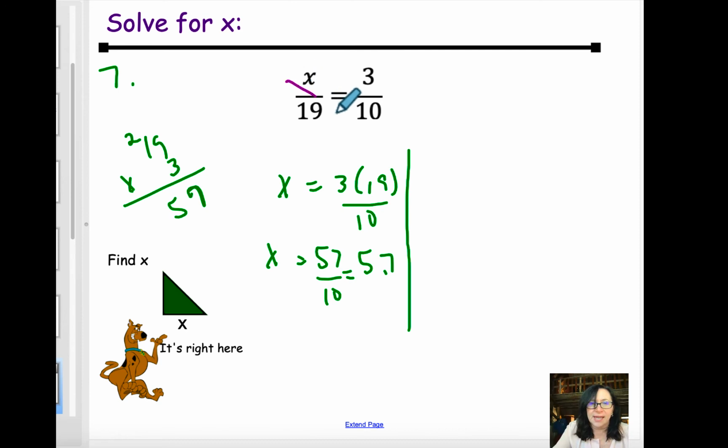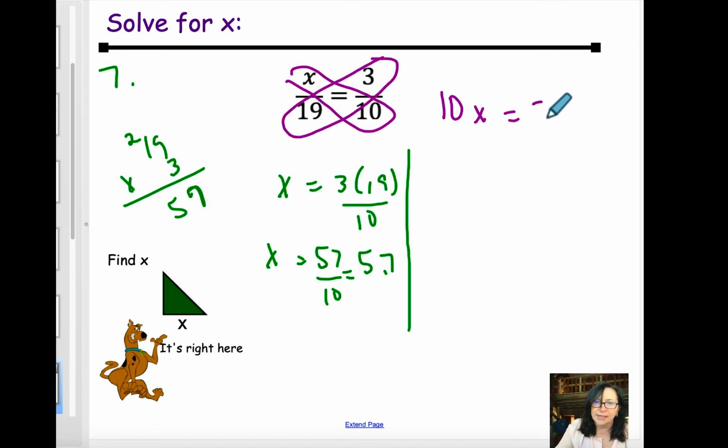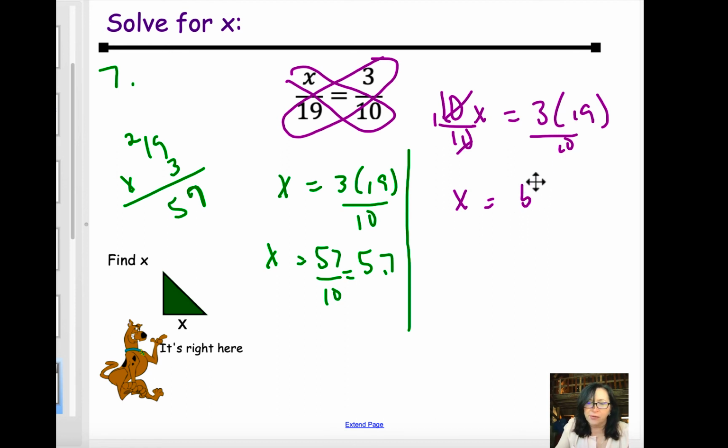So I can go 10 times x equals 3 times 19. Now, ultimately, I am going to get the same answer. Remember, I divide by 10 on both sides, right? And then I'm going to get x is equal to 3 times 19, which we know is 57, over 10, which is 5.7. So you just have to decide which one works best for you.